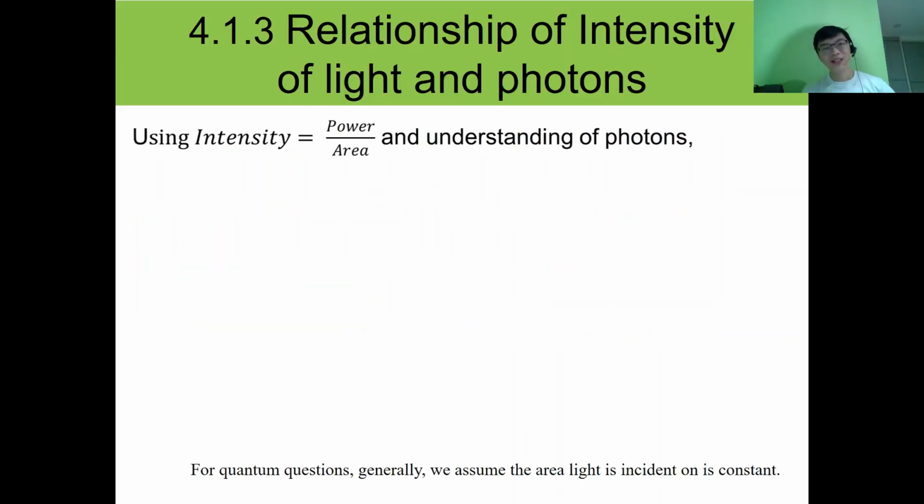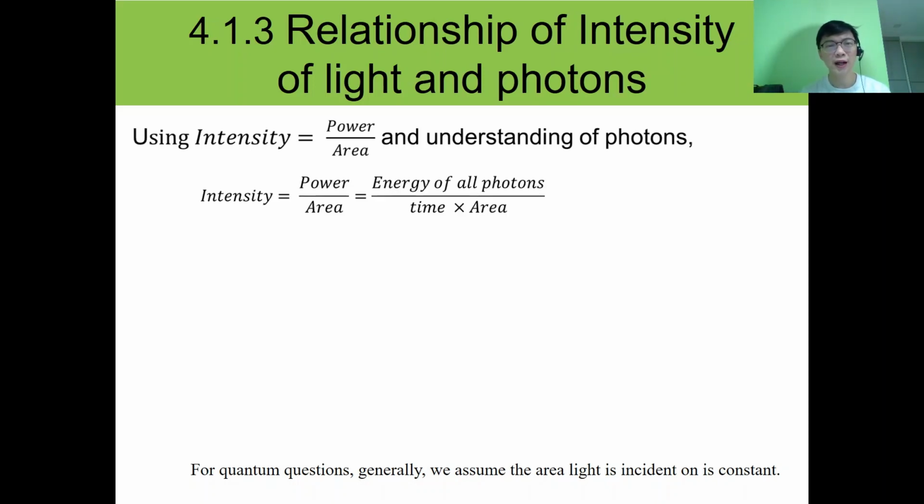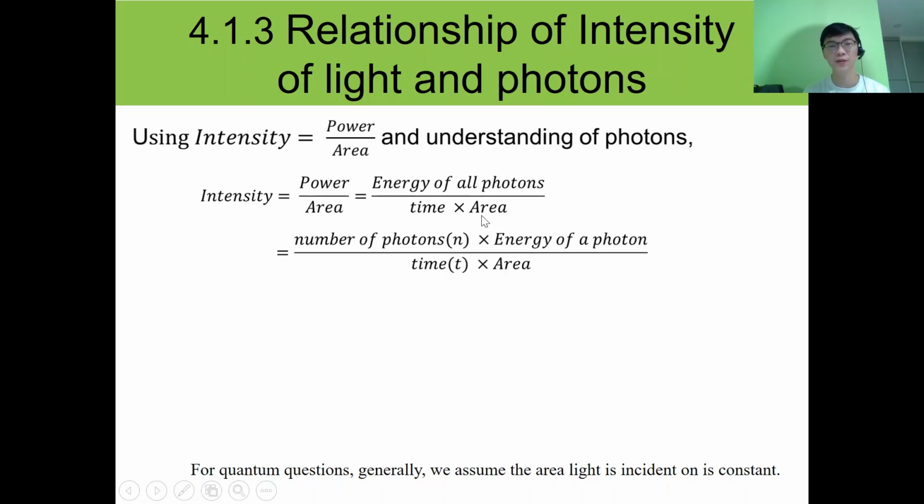Next, let's talk about the intensity of light and photons, because intensity is one of the commonly used terms in quantum physics. Intensity, as we define in waves, is power over area. Power is energy over time. So intensity is the energy of all the photons divided by time and area.